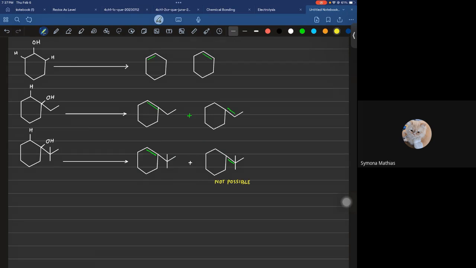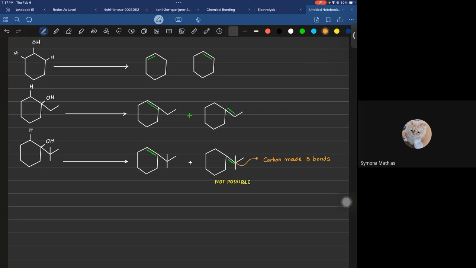अगर आप पूछोगे क्यों, so this carbon made 5 bonds, which is not possible.